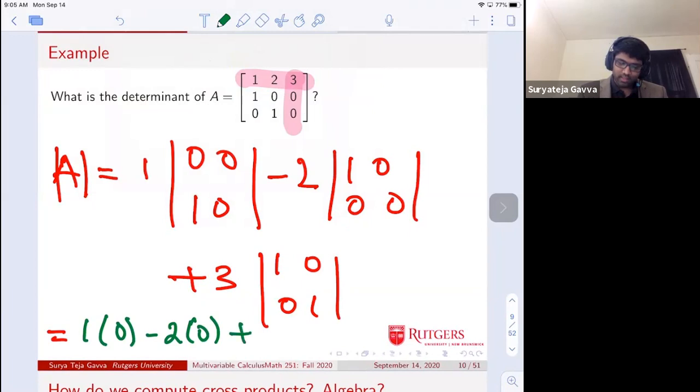Plus 3 times, this determinant is 1 times 1 minus 0 times 0, so this is 1. So it's 0, 0, and 3. So you get 3. Please make sure that you know how to compute these determinants.